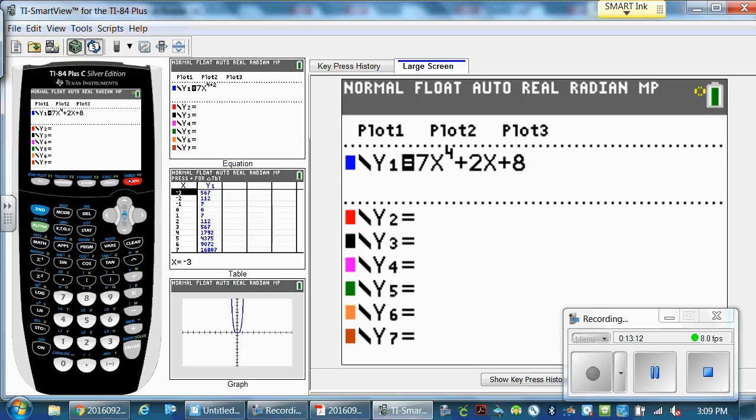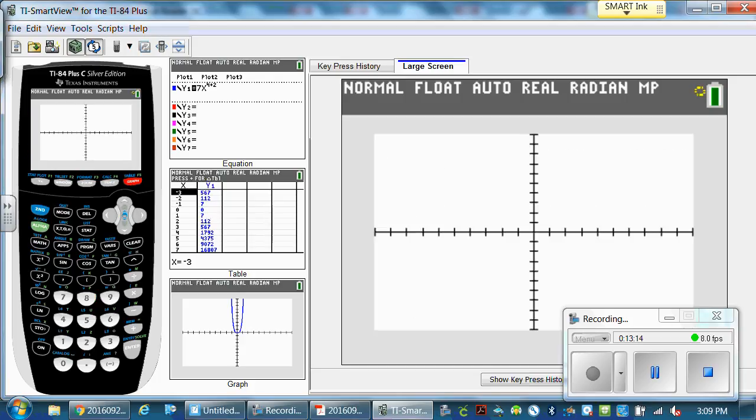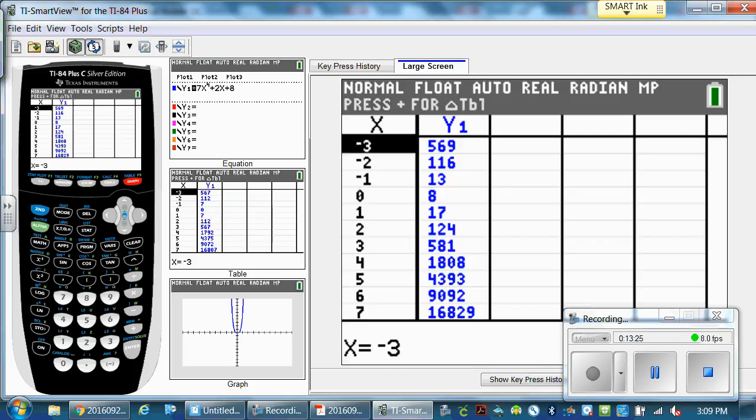And graph that. That doesn't look even or odd to me, and I can check here in the table just to make sure. But if you look, see how negative 1 is 13 and positive 1 is 17, and everything's slightly off, so it's not even or odd.